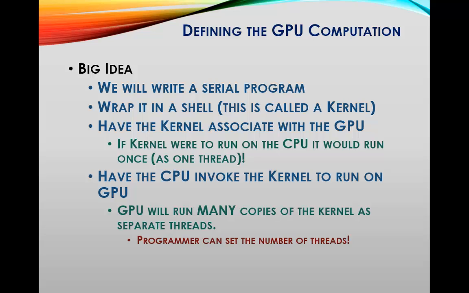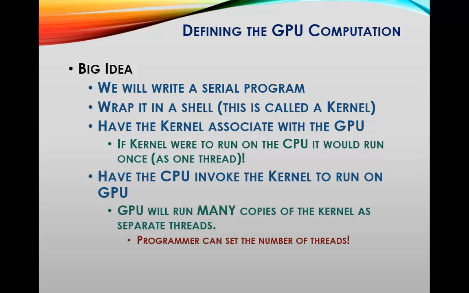The programmer can specify that. Later we'll see in more detail what the CUDA architecture allows and what it does not allow the programmer to do. For the sake of running things efficiently on the GPU, it takes care of the rest. So we'll see these in a little more detail later.